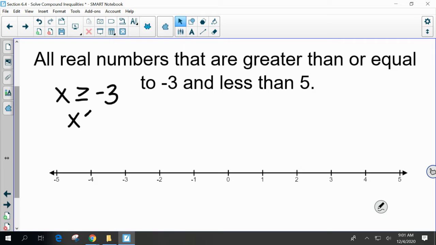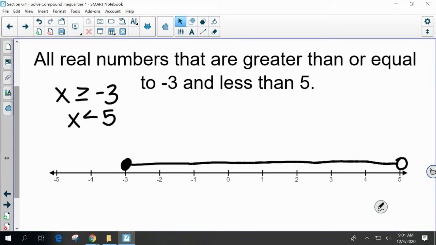So x is less than 5. Then I'm going to graph this. Closed circle at -3. And what direction am I going? Right. I'm going right. And then open circle at 5, and I'm going left. And I'm just going to connect them.